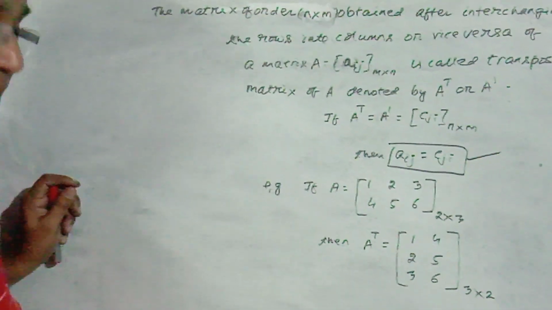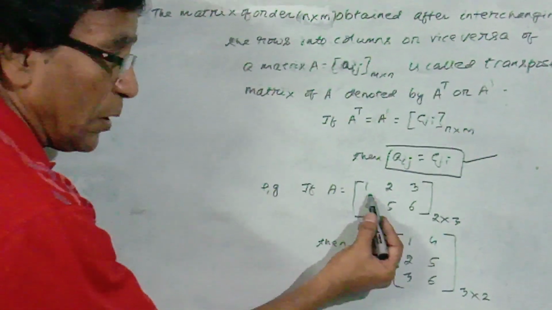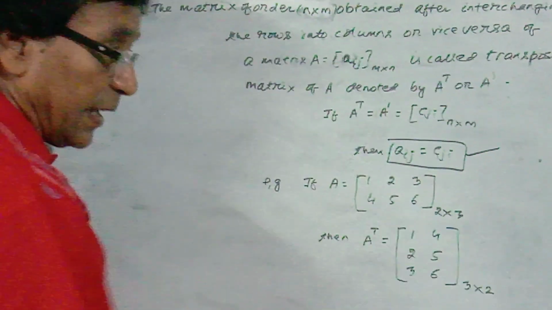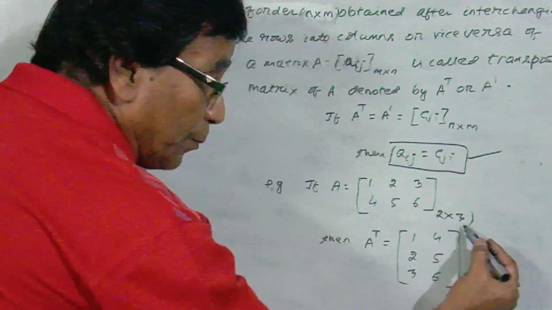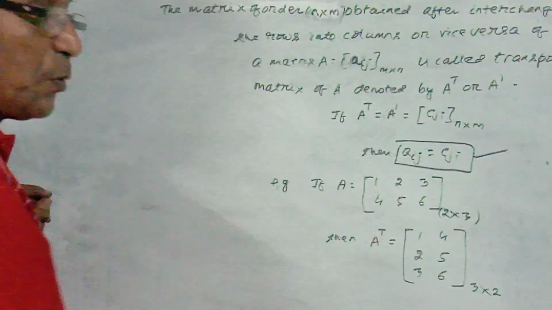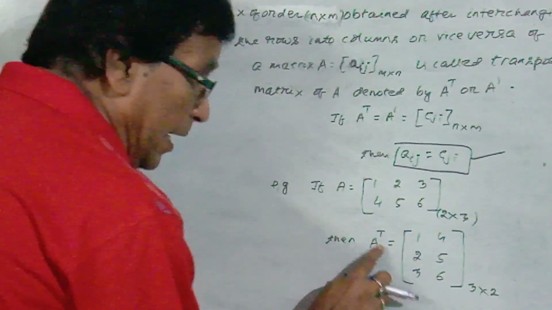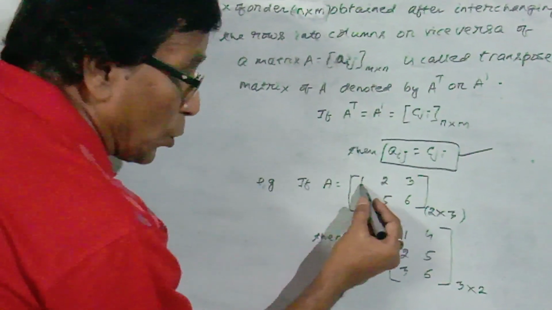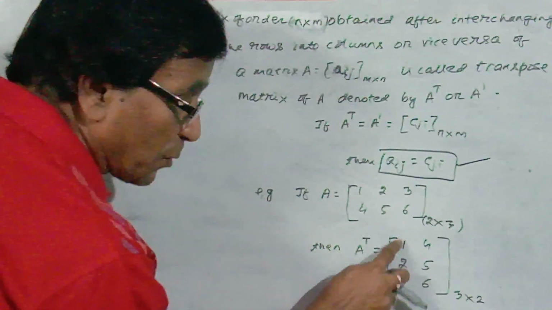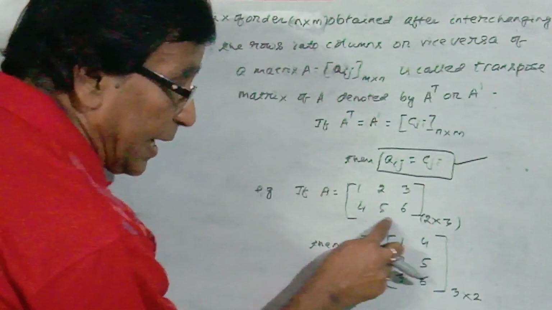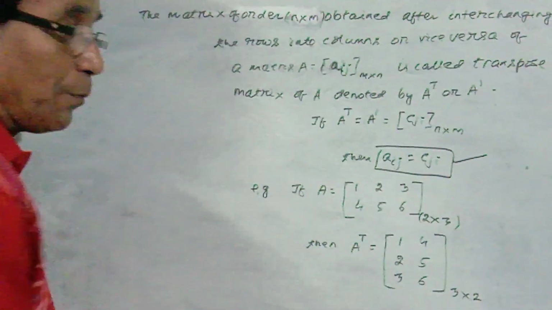Here you see, for example, if A matrix is equal to 1, 2, 3, 4, 5, 6 of order 2 cross 3, then its transpose matrix, that is A to the power T, will be: first row becomes first column and second row becomes second column.